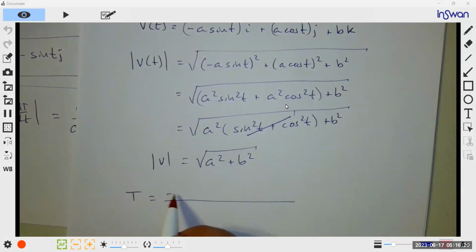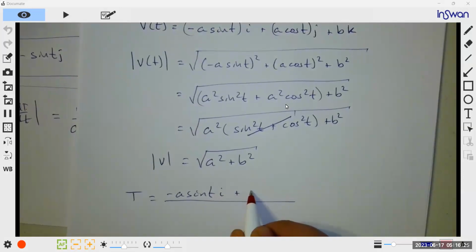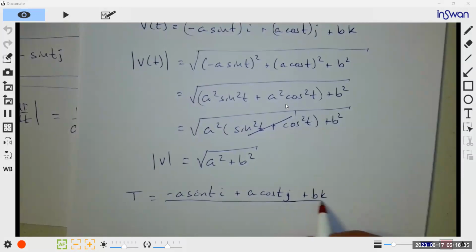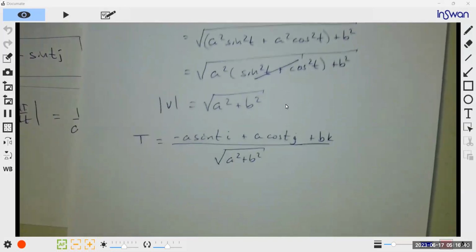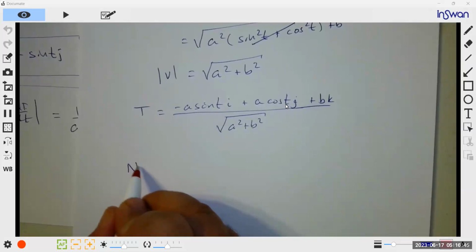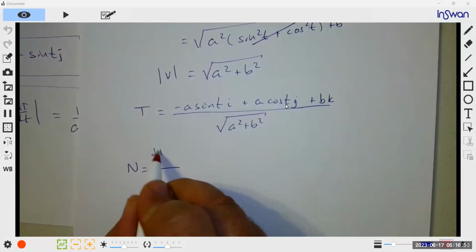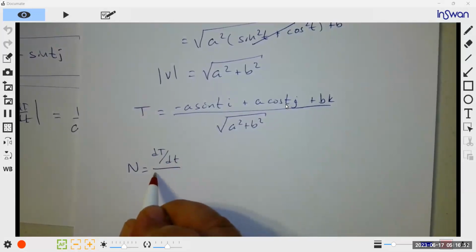So T is negative a sine t i plus a cosine t j plus bk, all over the square root of a squared plus b squared. So now I've got to find the derivative and the magnitude of the derivative.